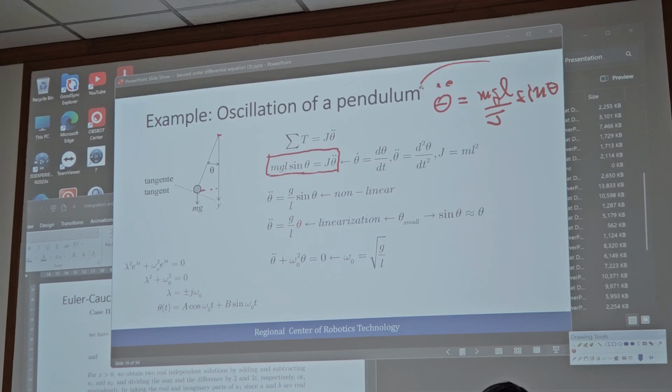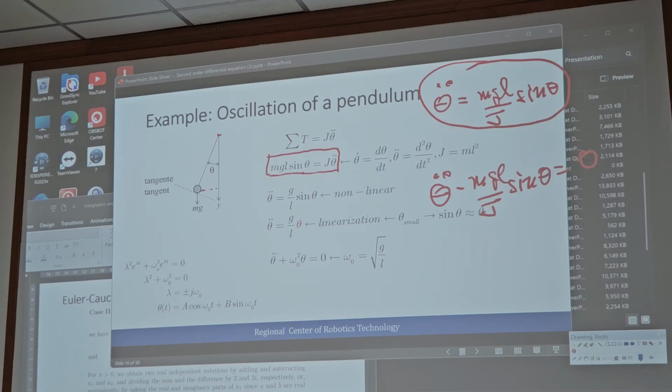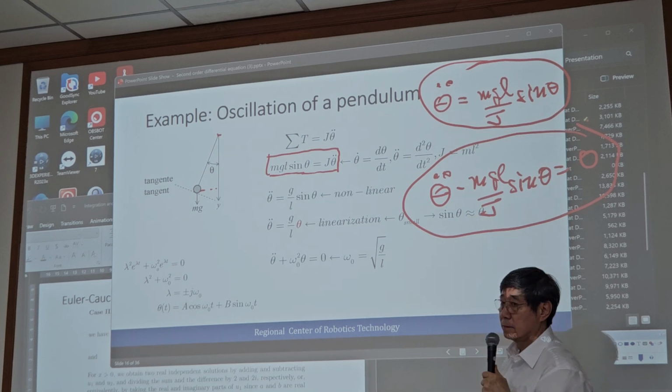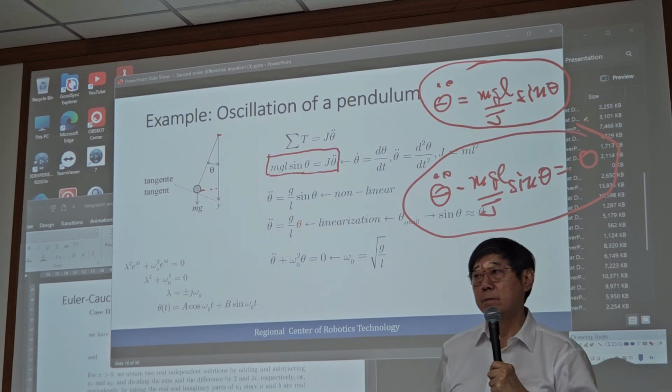Or in this case, you can combine this one: theta double dot minus mgL over J sine theta equals 0. This can be written this way.